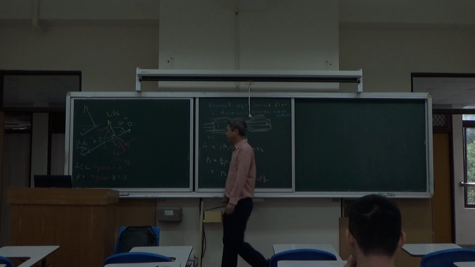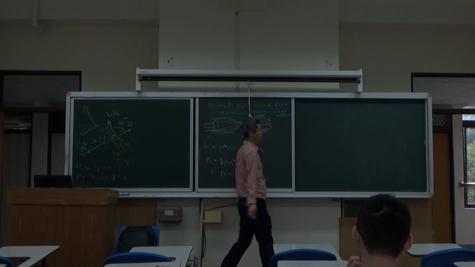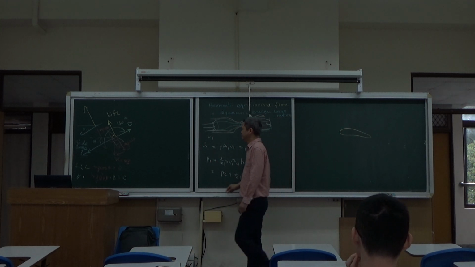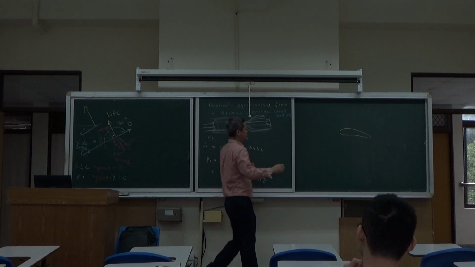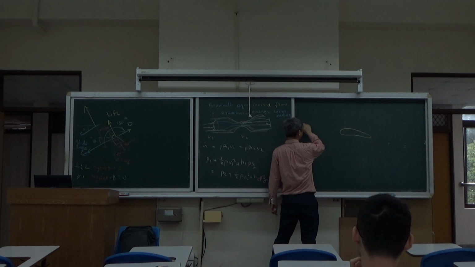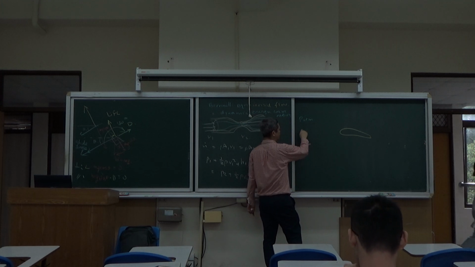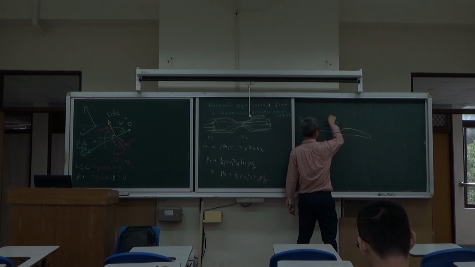if you have an airfoil, let's say this is your airfoil, the flow is coming in. What does it mean? Start from far away, and then come to this one with speed v.